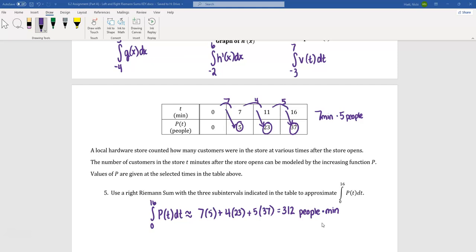Okay? So number 6 asks for the 1 over 16 times this value. And they didn't tell you anything about units, but we need to think about what that could possibly mean.